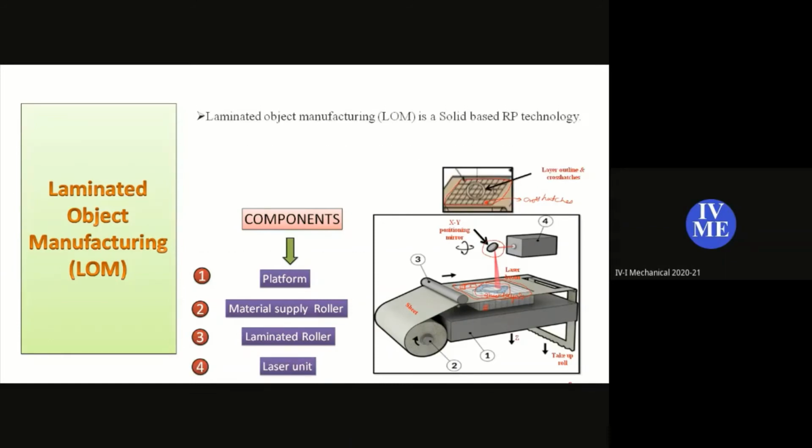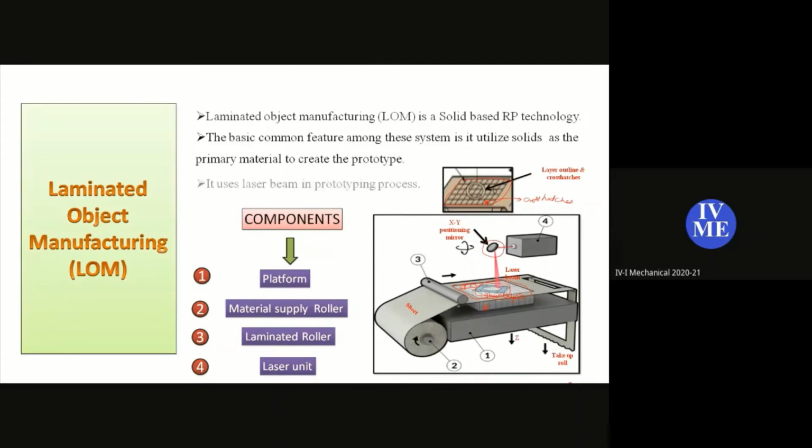Laminated object manufacturing is a solid-based rapid prototyping technology, and the main feature of this LOM machine is that it utilizes solid sheet as the primary material for fabricating the prototypes. In this LOM machine, it uses a CO2 laser for the prototyping process.